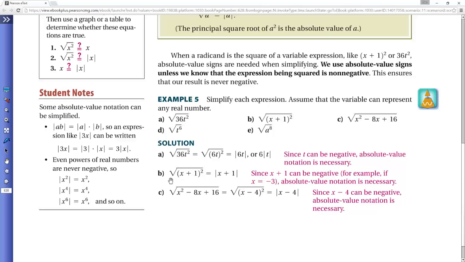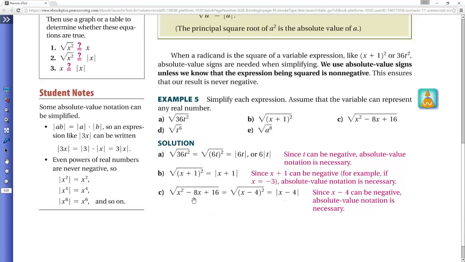So like B here, if I have the square root of the quantity x plus 1 squared, this radical would take out that square, and then you'd have the absolute value of x plus 1. Okay. So if this was equal to something, then we'd end up with the absolute value equal to something, and then we have to deal with what could happen in this absolute value, which is you could have x plus 1 equal to something, or the negative of that entire thing, which is negative x, minus 1, would be the opposite of that, and so on.